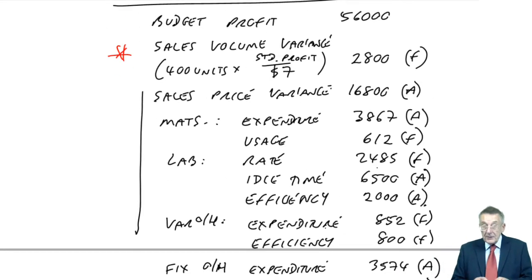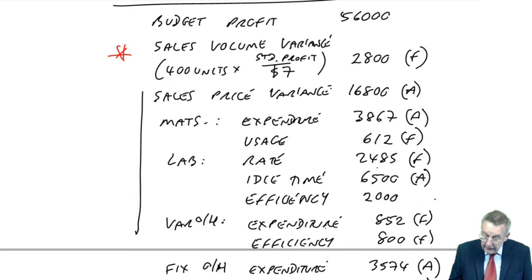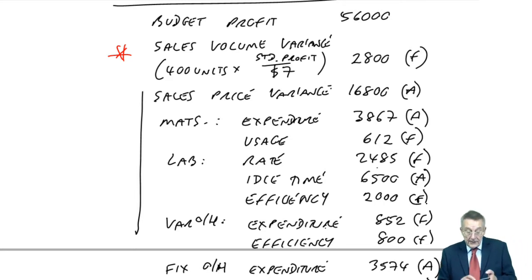So very annoying, but still. 56,000. 2,800 minus 6,800 minus 3,667 plus 612 plus 2,485 6,500. And I realised, I'm sorry, I don't know if any of you noticed, that efficiency variance was in fact favourable. I wrote it down as adverse.